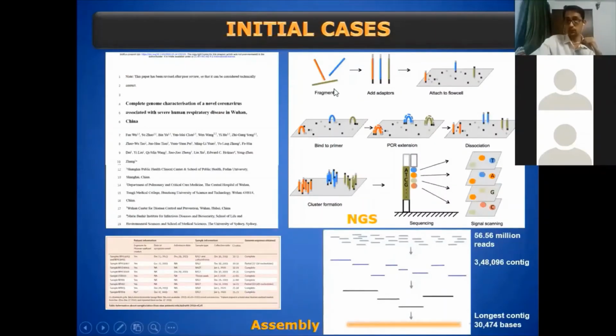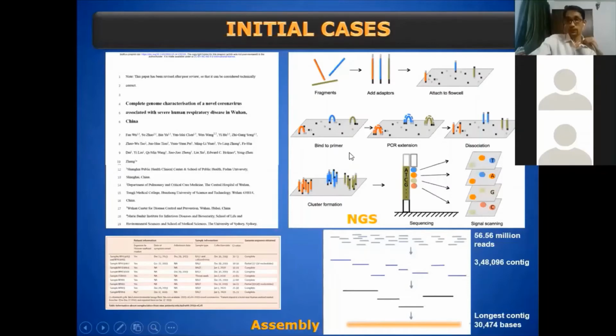Procedure-wise, the RNA genome is converted into cDNA, and it is broken into small fragments of 100 to 150 base pairs. Adapters are added to both ends of the fragments, and the adapters are attached to a flow cell in the machine. Each of these fragments will attach at a different location on the flow cell, so the entire genome is represented in many different fragments attached at different locations.